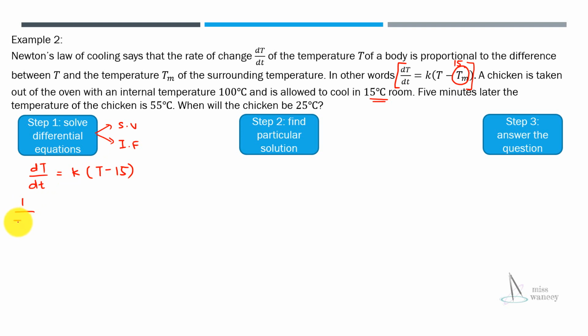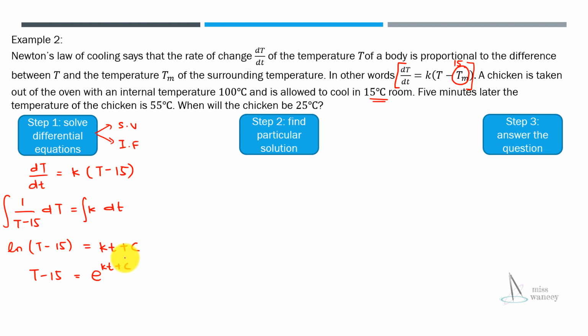So 1 over (T minus 15) dT is equal to k dt, integrate on both sides. So this is simply ln|T minus 15| is equal to kt plus c. Applying exponential on both sides, so T minus 15 is equal to e^(kt plus c).